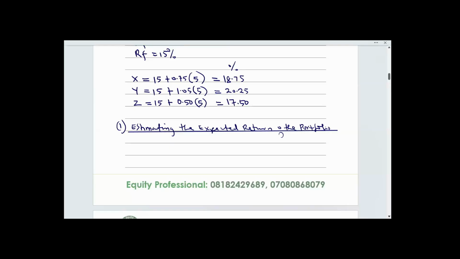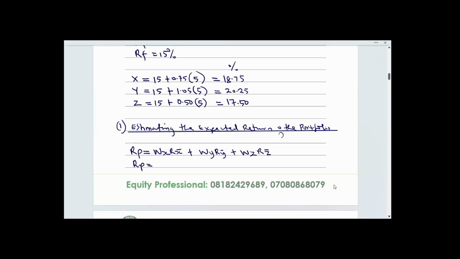So I can then say the return of the portfolio equals the proportion invested in security X multiplied by the expected return on security X, plus the proportion invested in security Y multiplied by the expected return on security Y, plus the proportion invested in security Z multiplied by the expected return on security Z. Okay? Therefore, the return of the portfolio equals.